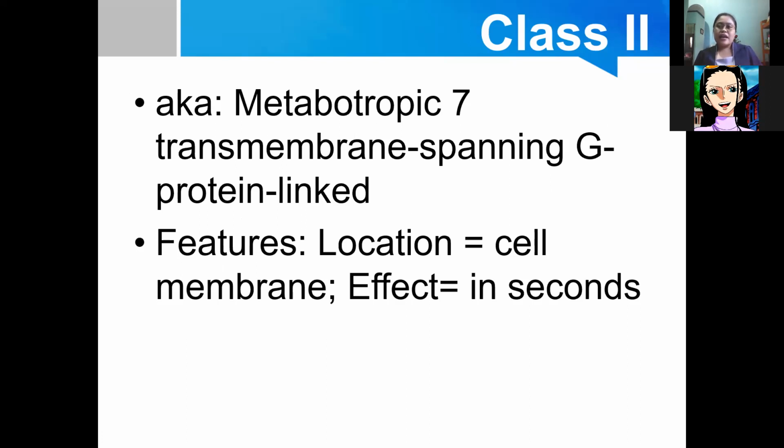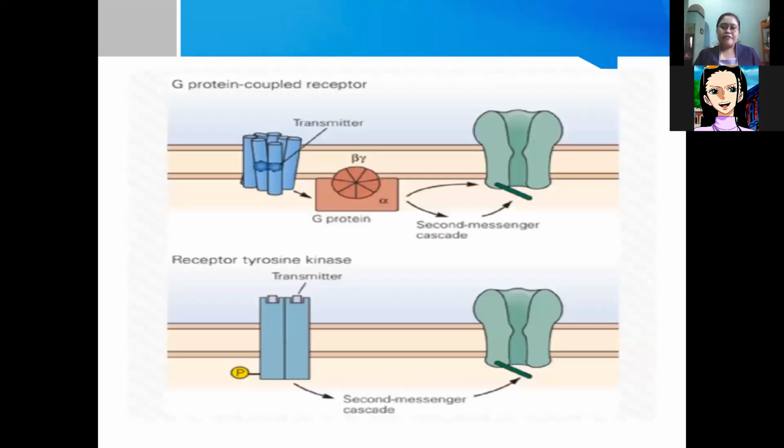Kaya ang tawag sa kanila metabotropic 7 transmembrane spanning G protein linked receptors. Okay? Ang difference nila aside from the G proteins, this type of receptors are much slower compared to the class 1 kasi in seconds ang effect nito.